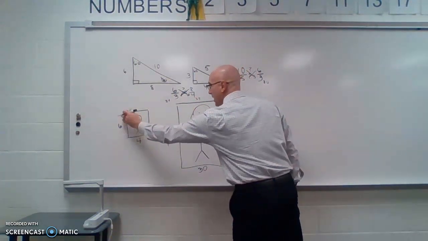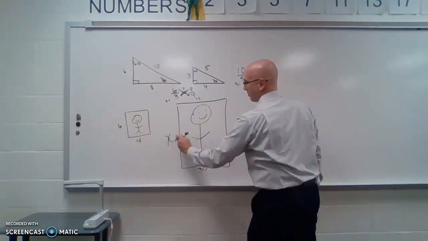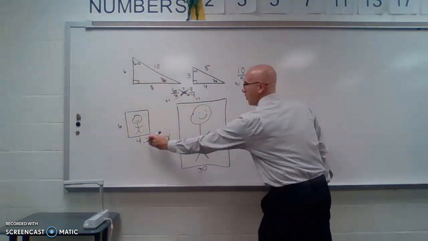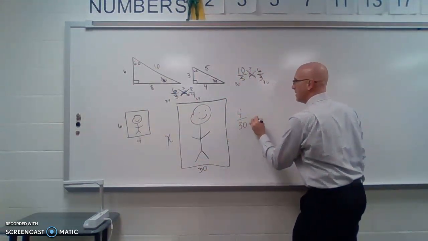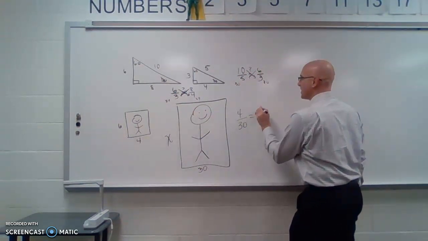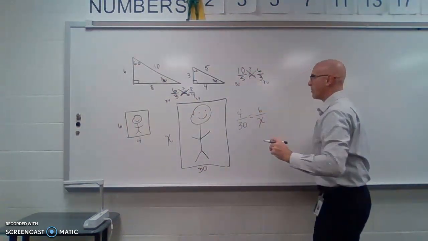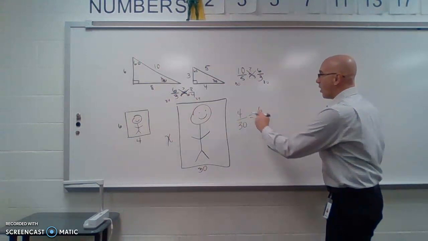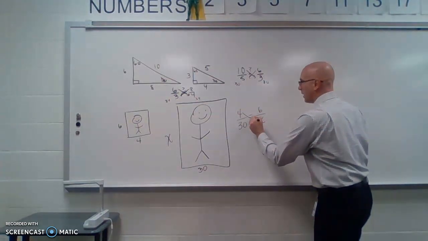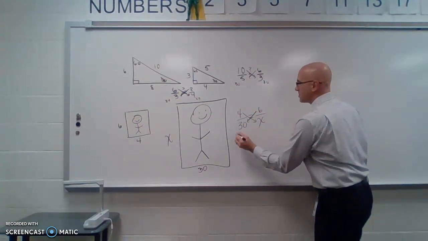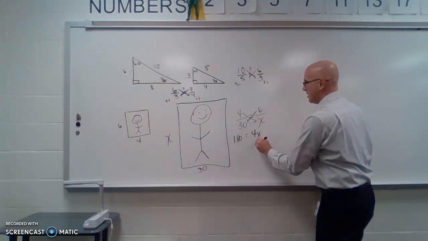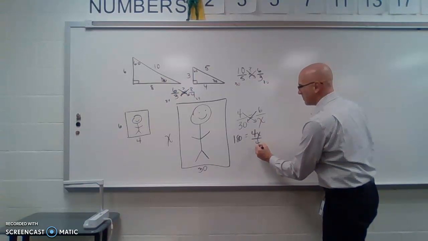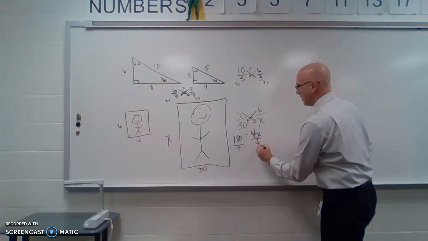Because this is a rectangle, I know that all my angles are the same. So here's my proportion. 4 to 30. And then I have 6 to whatever that is. So now I can do my cross multiplying. 6 times 30 is 180. And then 4x. And now I'm going to divide by 4.